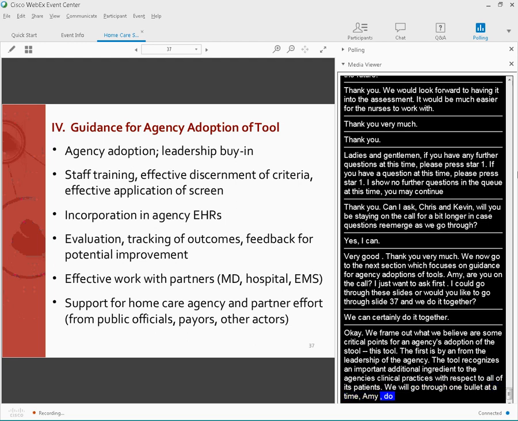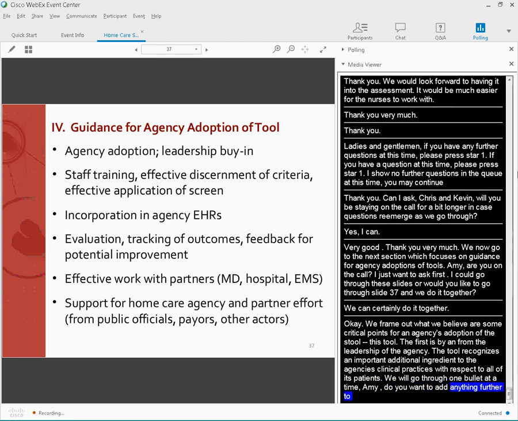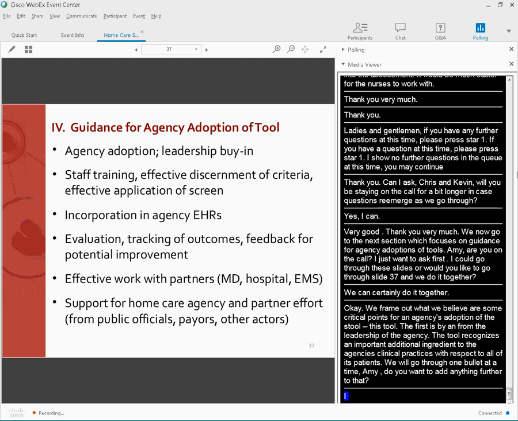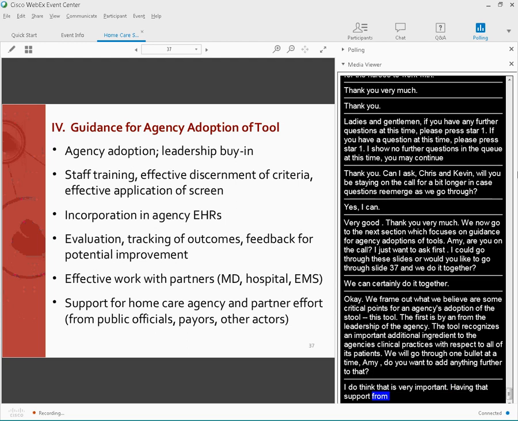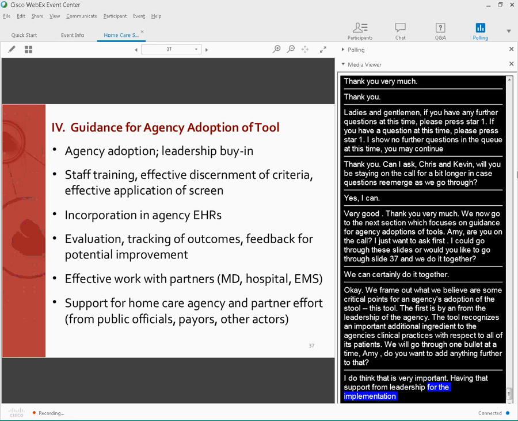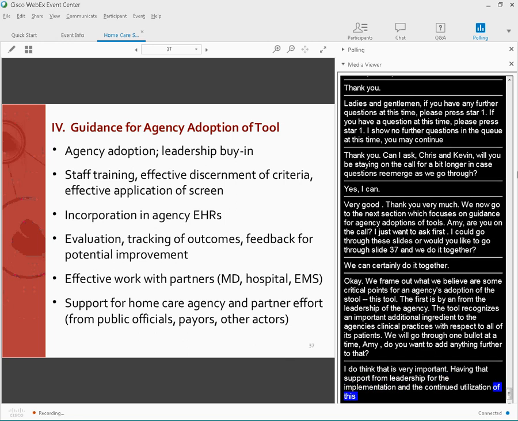I do think that is very, very important. Having that support from leadership for the implementation and the continued utilization of this sepsis screen tool really impacts the clinicians and their utilization of it.